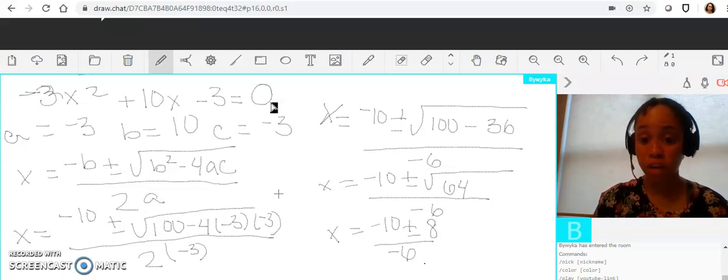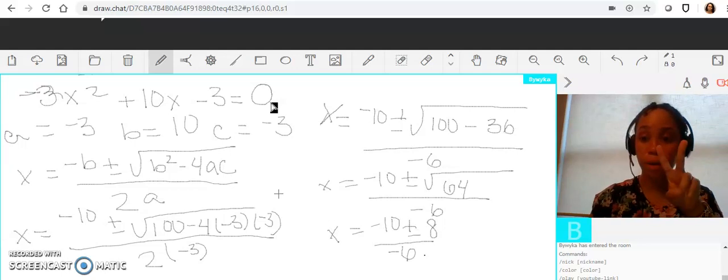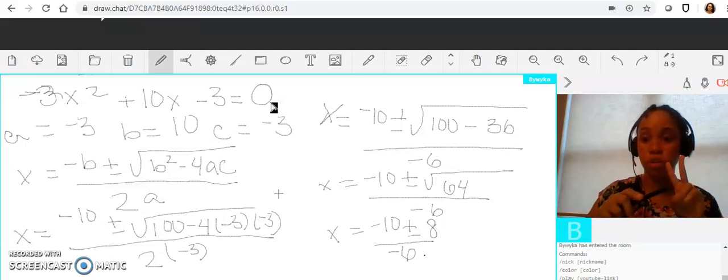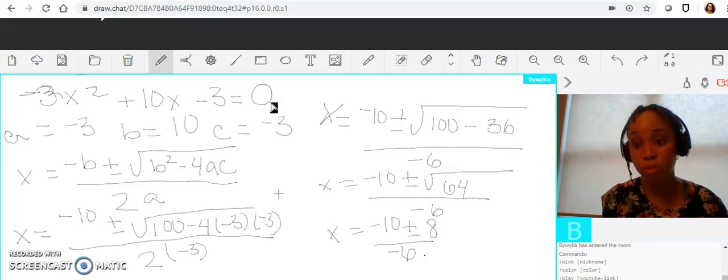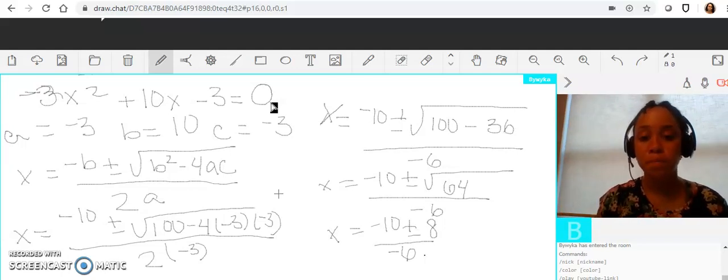So we get two different answers, right? Remember, the parabola has those two different places where it crosses the x-axis. The x-axis is right here, and it hits it here and here, two different places. Well, it could hit it at two places. We've talked about this before. It can hit it at one place, it can hit it at 0 places. But this should give us an answer for at most 2 places.